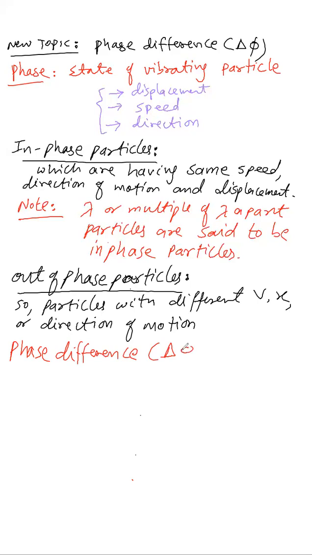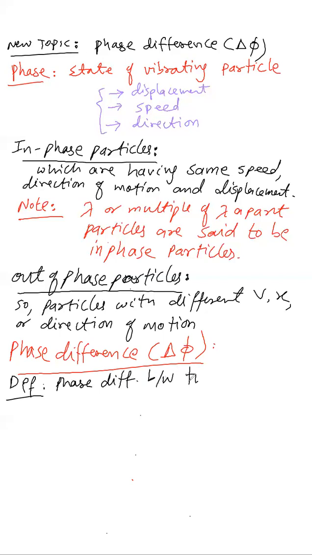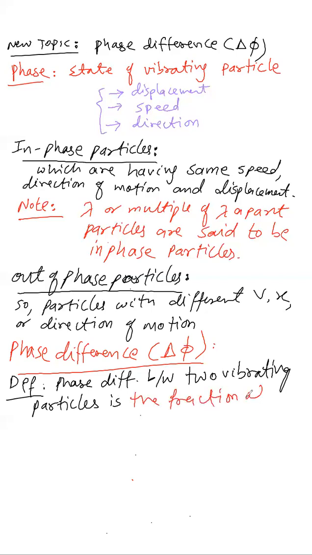Its symbol is delta phi. Okay, phase difference, first of all, we have to look at its definition. So the phase difference between two vibrating particles is the fraction of a cycle.